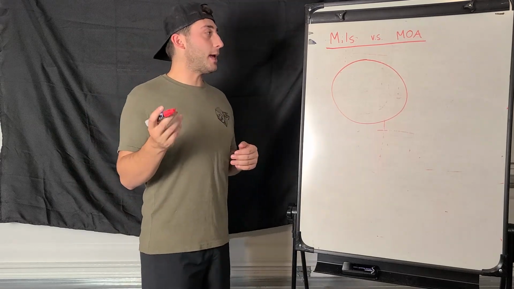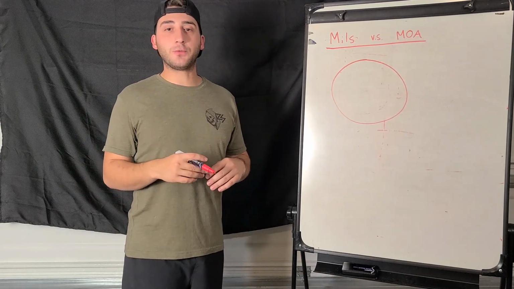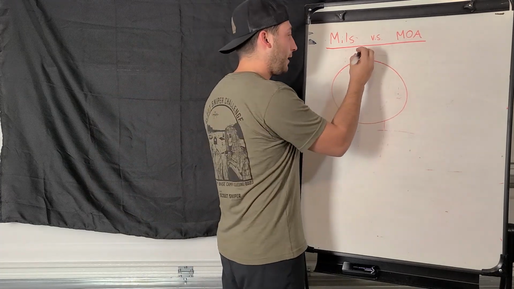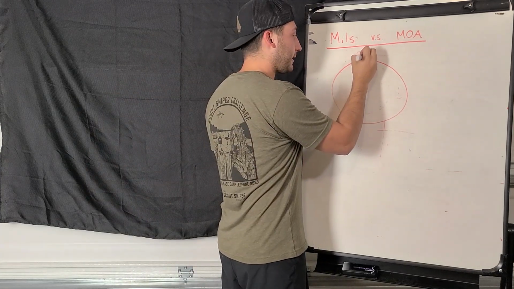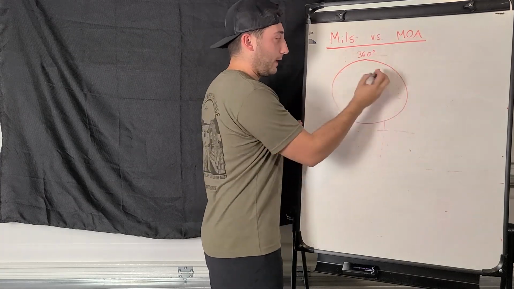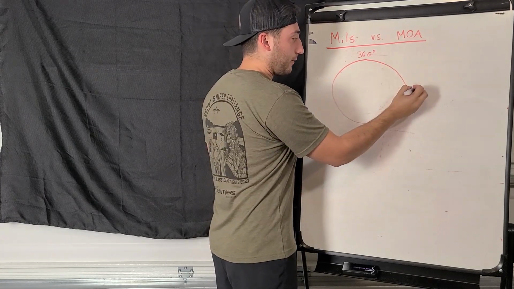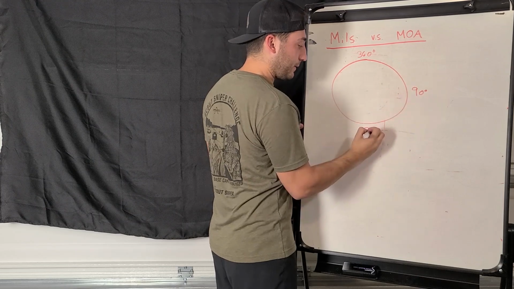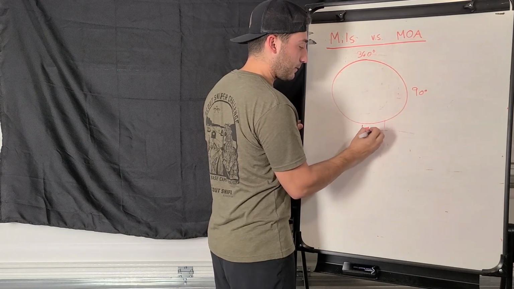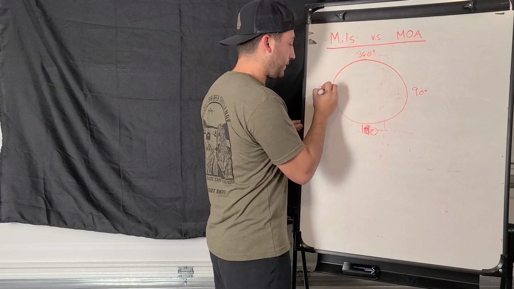And we use minutes of angle in conjunction with degrees. Everybody understands that in a circle there are 360 degrees, and over here we would have 90, 180, excuse me, and 270.